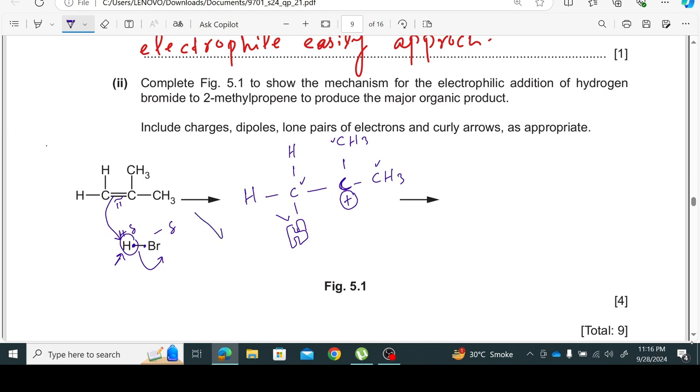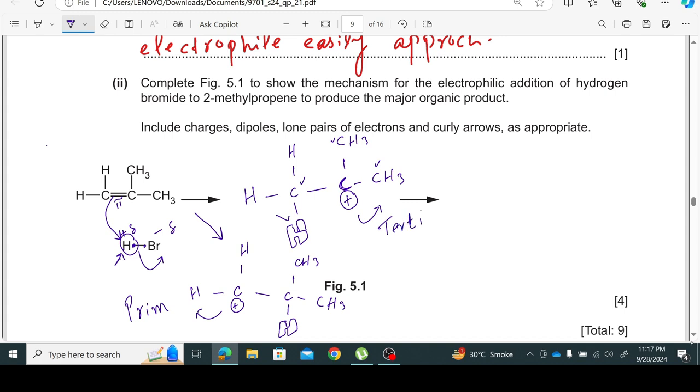Another case, I am just explaining to you: if I draw this product, CH3 and CH3, and I attach this hydrogen here, it's a bold hydrogen, you can see, you will get a carbocation here. It is a primary carbocation, and the other is a tertiary carbocation.